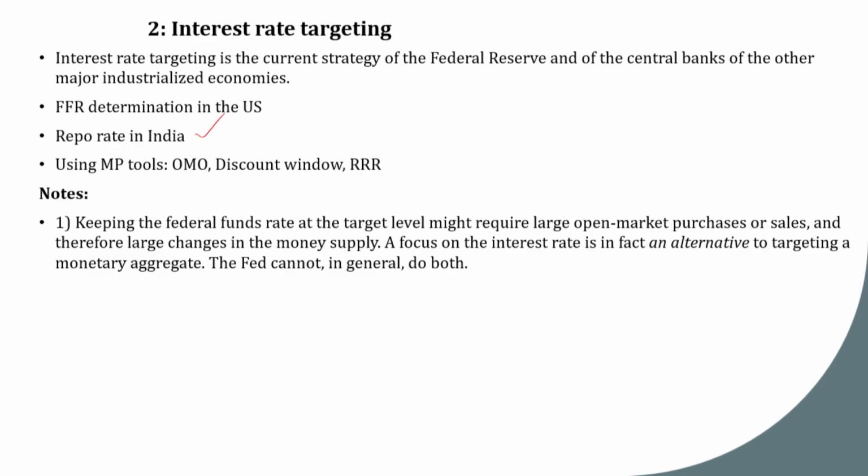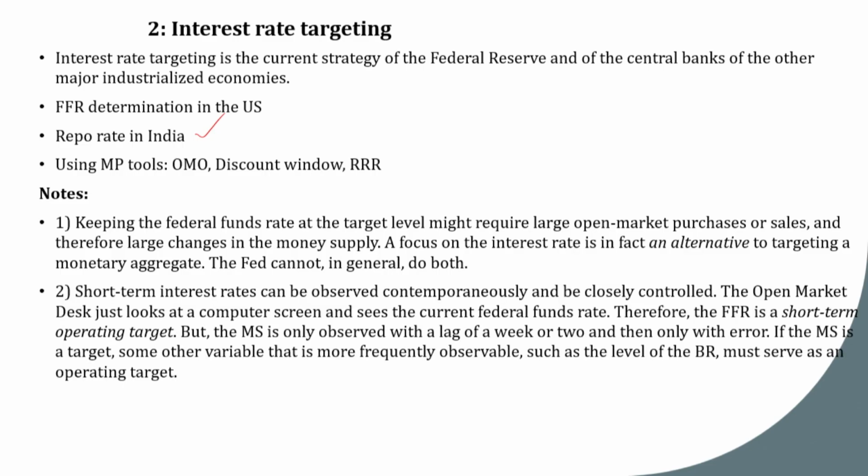A focus on the interest rate is in fact an alternative to targeting a monetary aggregate. The Fed cannot in general do both. So you cannot target a monetary aggregate and the interest rate simultaneously.